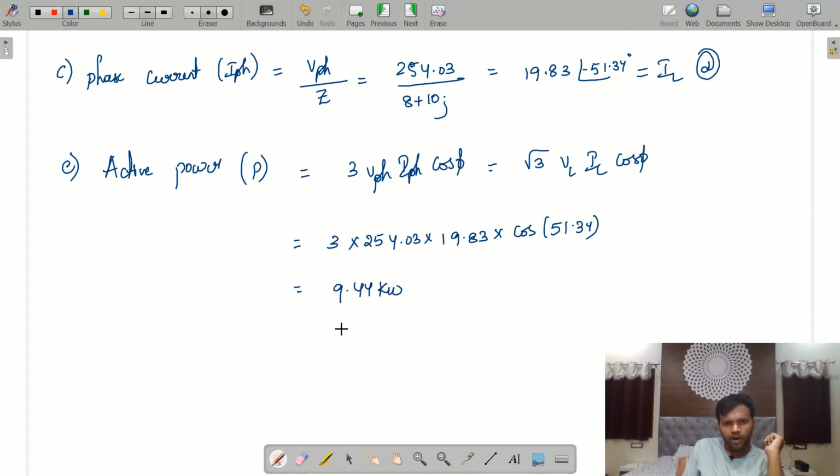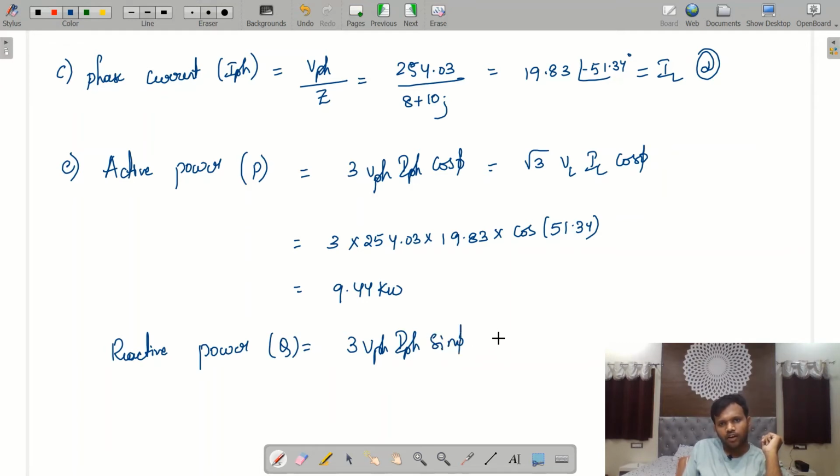9.44 kilowatt. Similarly, the reactive power Q equals 3 V phase I phase sin phi, or root 3 VL IL sin phi.